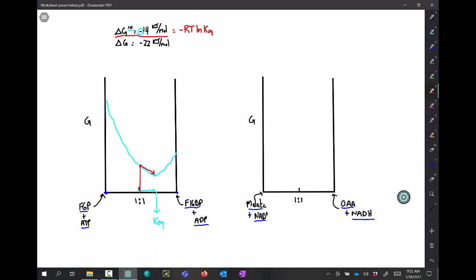Now let's go over here and let's think about this reaction, because this reaction has a very different standard free energy change. And then we'll put delta G is equal to 0 kilojoules per mole.